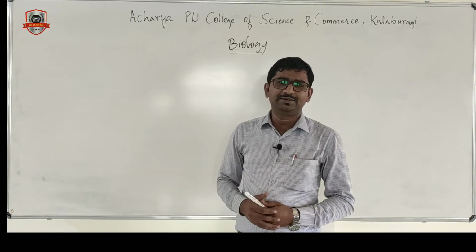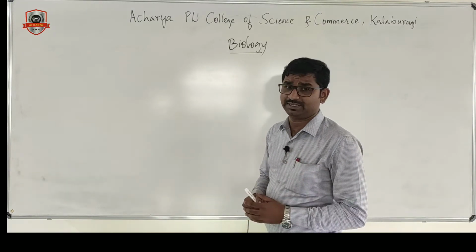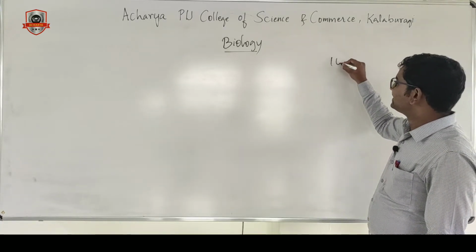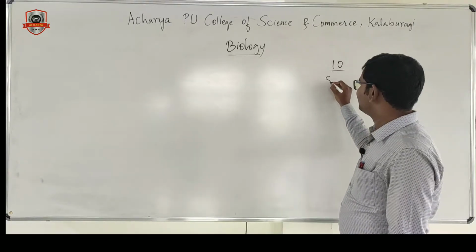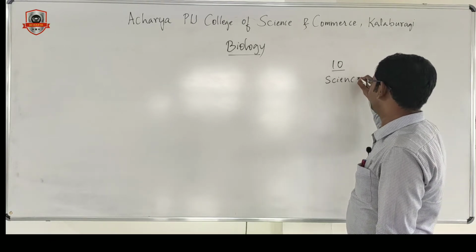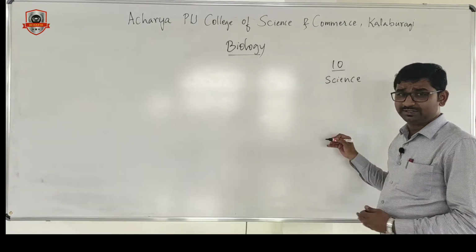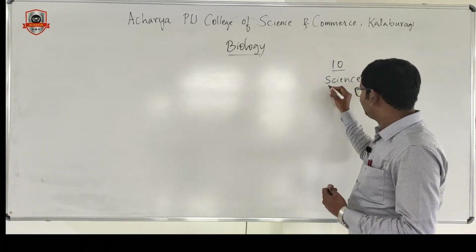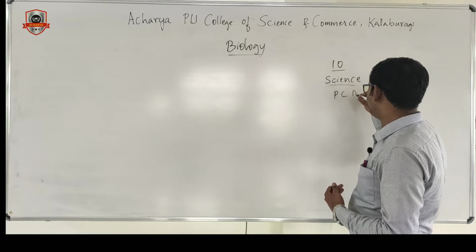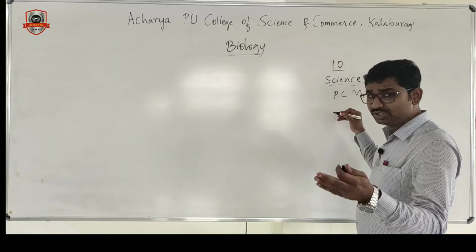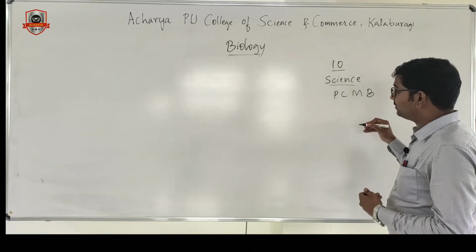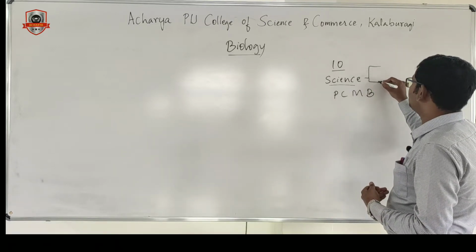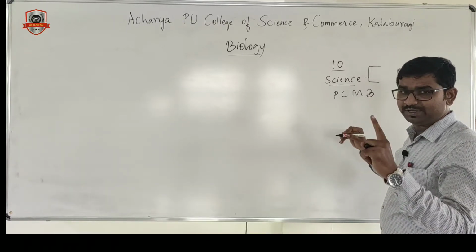So let us start biology, the basics of biology. Already in your 10th class you studied science as a subject, but when you opt for science as your career in PUC, you will have physics, chemistry, mathematics and biology, as I have already mentioned. In your SSLC, science was studied as one complete paper of 100 marks.